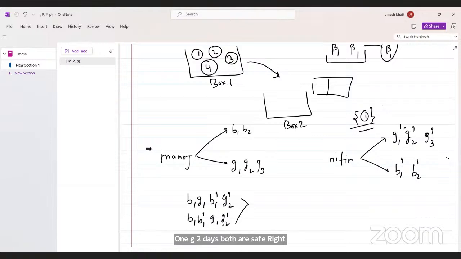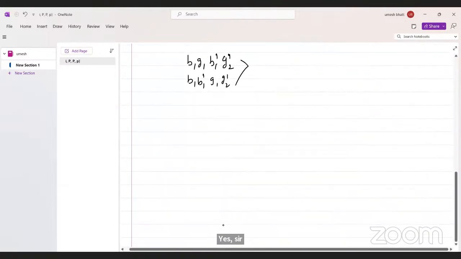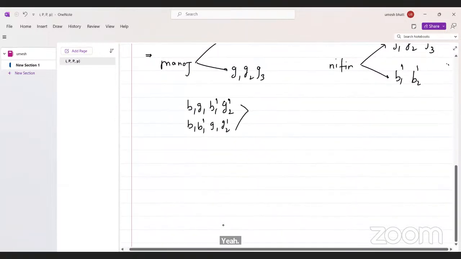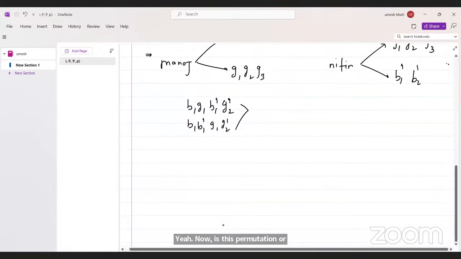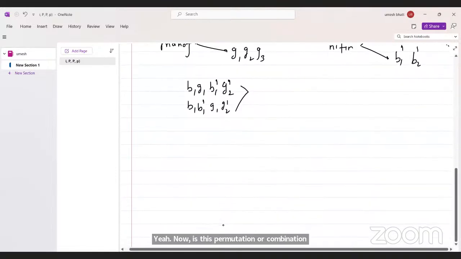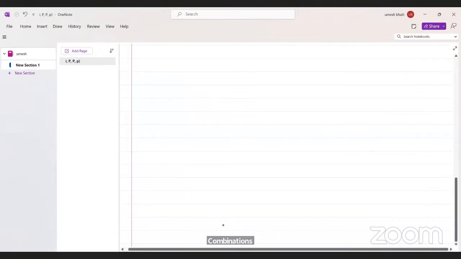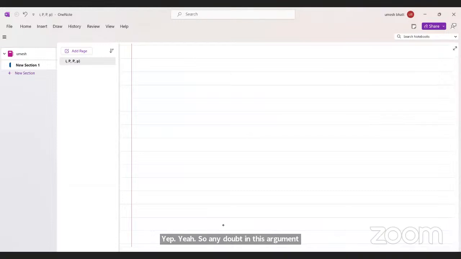Yes, sir. That's why order does not matter. Now, is this permutation or combination? Combination, sir. So any doubt in this argument? No doubt, sir.